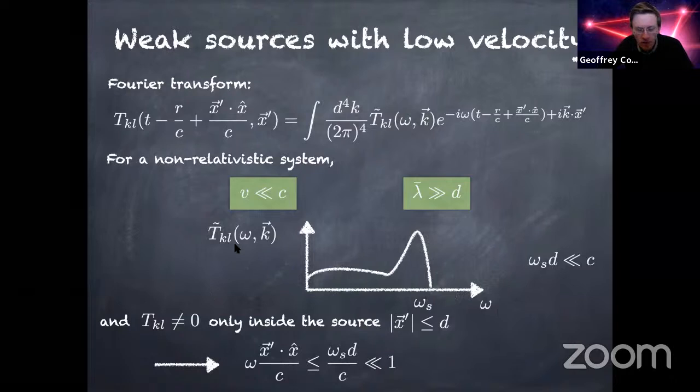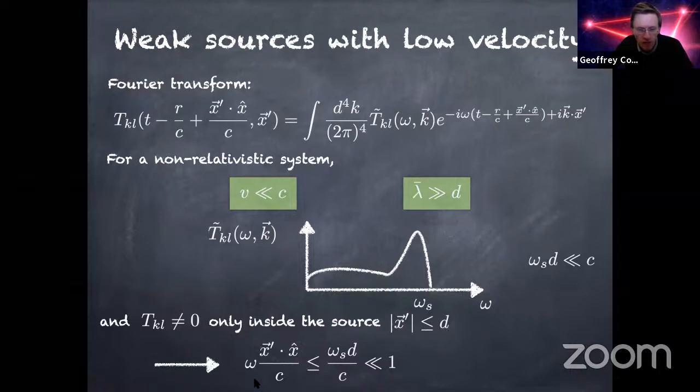So this is one property of these Fourier coefficients: they are cut off after around the frequency of the source. And moreover, the original stress energy tensor is non-zero only inside the source, when x prime is less than d. It's obviously zero outside the source.